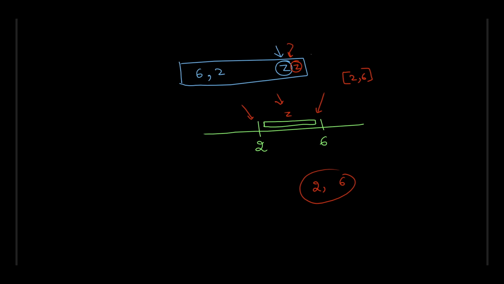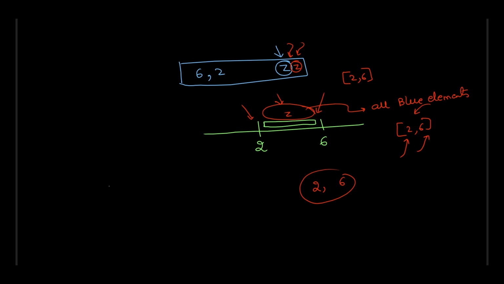What I'm trying to say is that there should be at least one blue element outside this interval, because you can write this claim: if all the blue elements are inside this interval, then the minima is 2 and the maxima is 6. So it's not possible. If all the blue elements are strictly inside this interval, it's not possible.